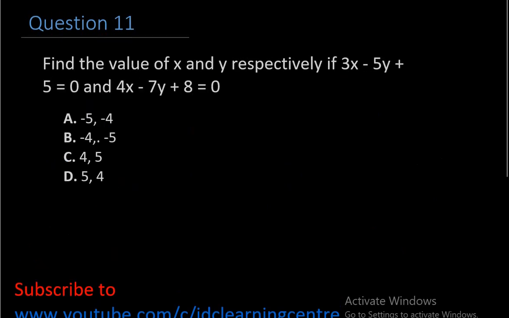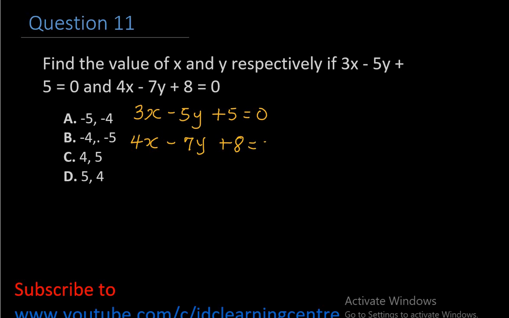Alright, let's look at question 11. This question says, find the values of X and Y respectively if 3X minus 5Y plus 5 equals 0, and 4X minus 7Y plus 8 equals 0.